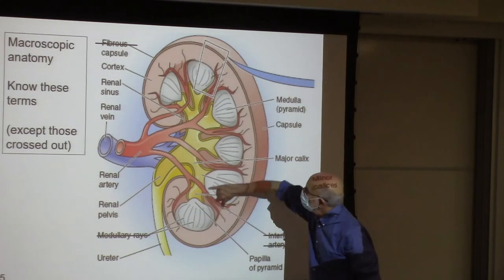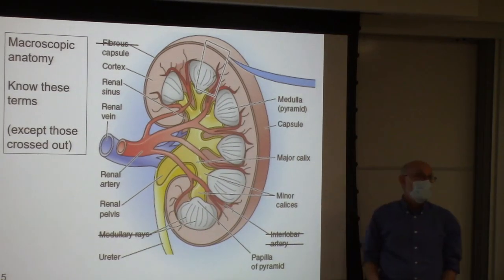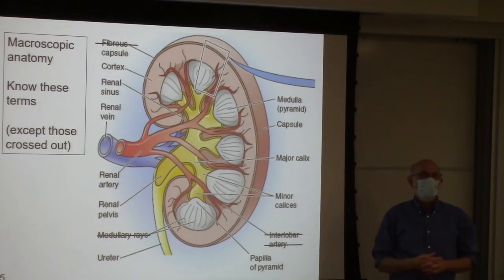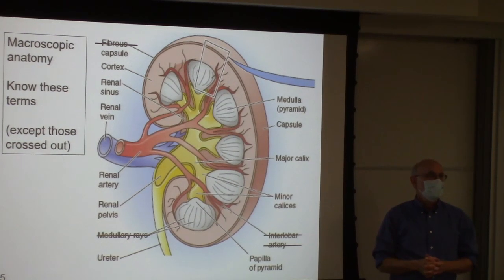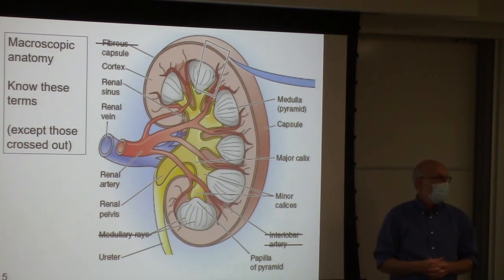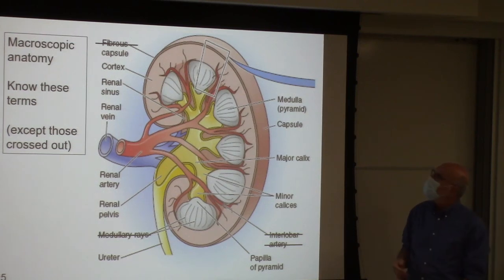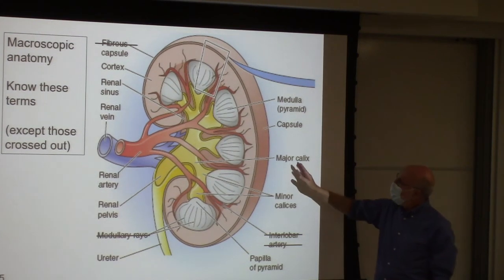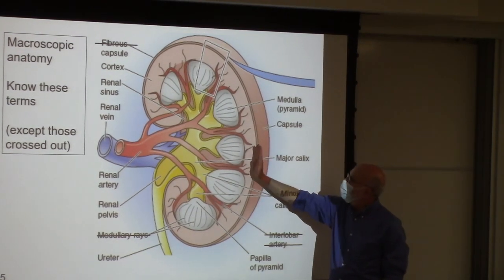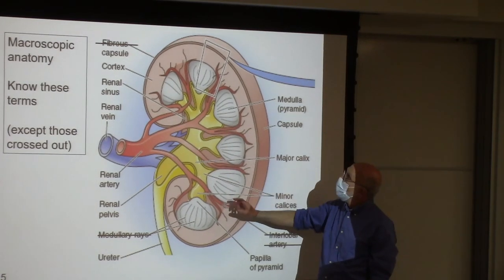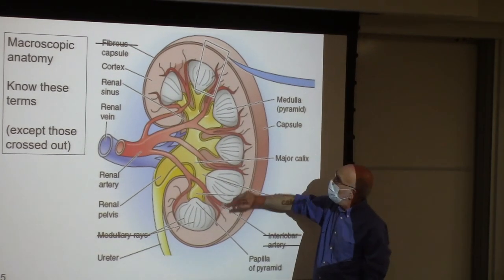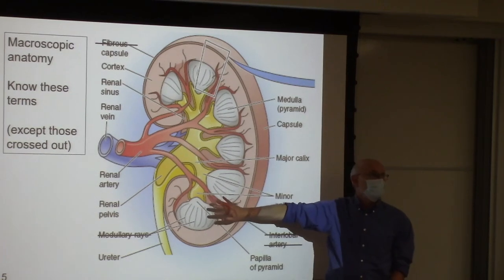The middle layer is called the medulla. Again, we should officially call it the renal medulla because we have other medullas as well, but medulla is okay. So, capsule, cortex, medulla. The medulla has several structures within it.